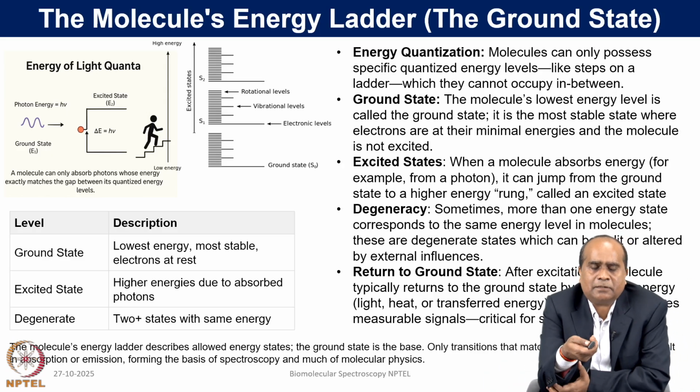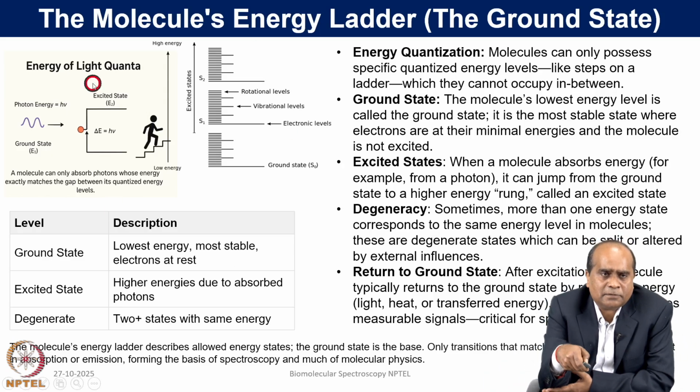This transfer of energy happening when a molecule comes from the excited state to the ground state, it can emit light, right. So, there will be light emission releasing energy, or it can emit heat or transfer energy to some other molecule, and that produces the observable signal, right, and that is the observable signal that we detect.